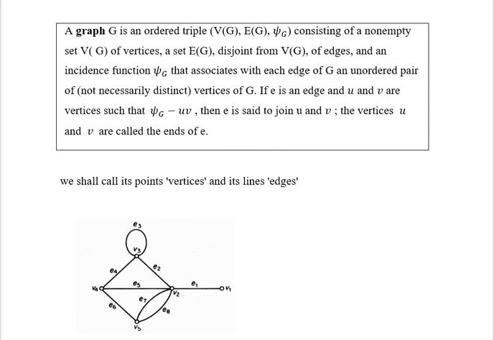The vertices u and v are called the ends of e. We shall call its points vertices and its lines edges, as you can see in the diagram.